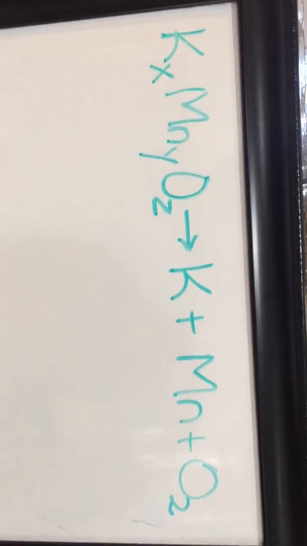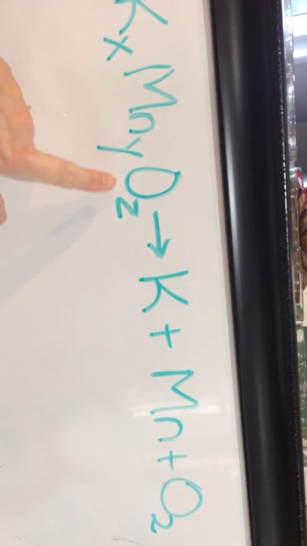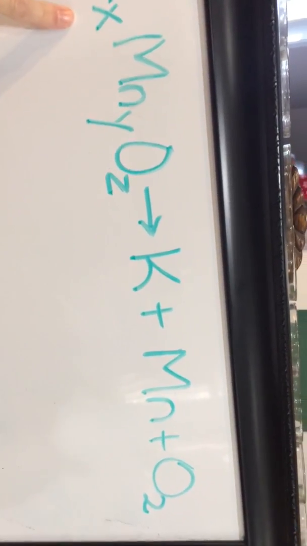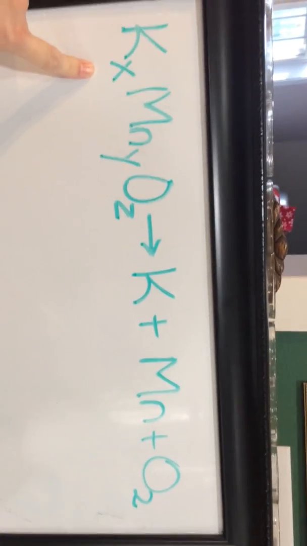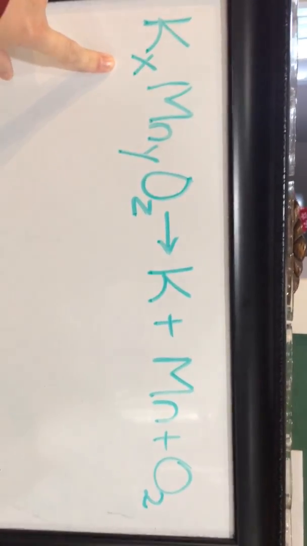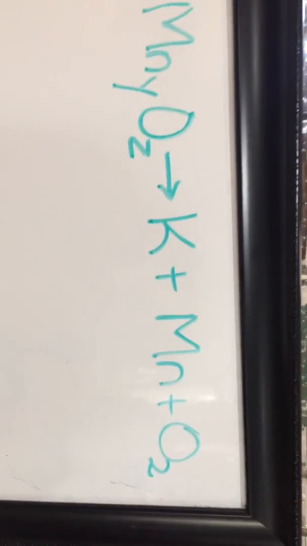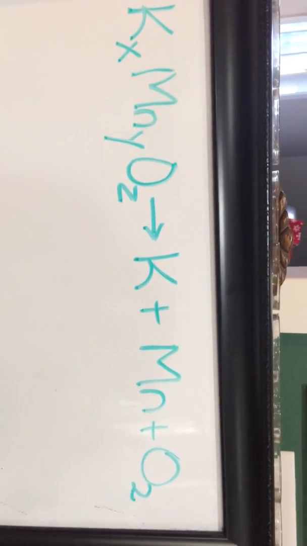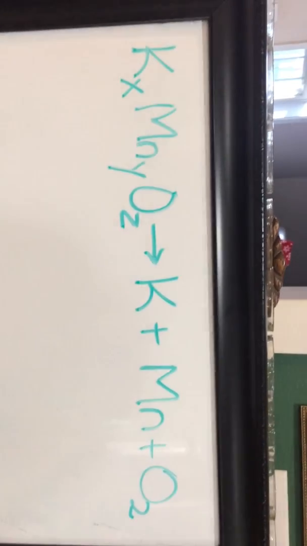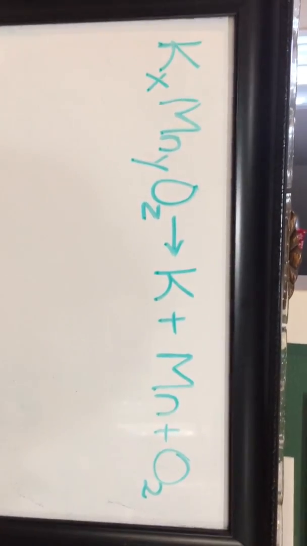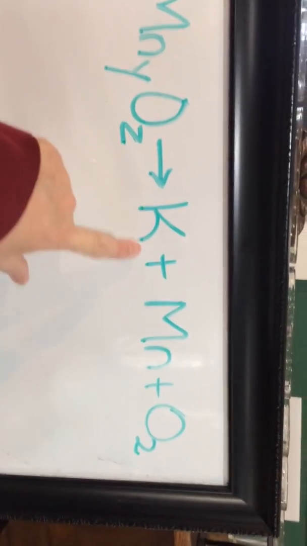To figure out these, we need to come up with a balanced equation. And we can do that over here by figuring out the stoichiometric coefficients. In other words, what goes in front of these?